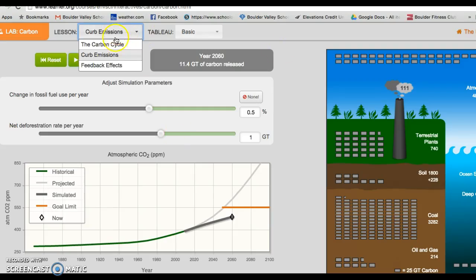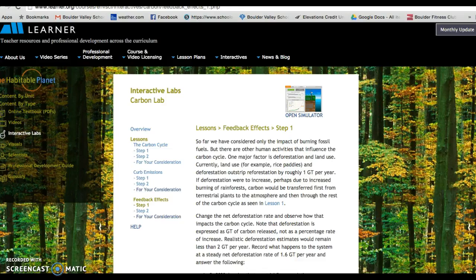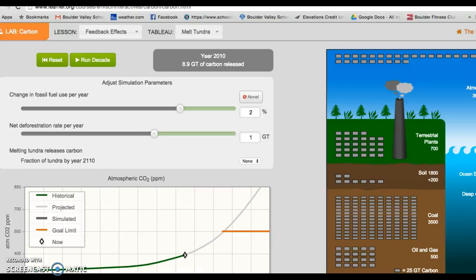So for this lab, here's your feedback effects. You're going to change the net deforestation rate and observe how that impacts carbon. So you're going to set the deforestation rate to 1.6 gigatons. Remember, when you cut down trees, you're actually releasing that carbon, by burning them or processing them, or the use of that sink into the atmosphere.